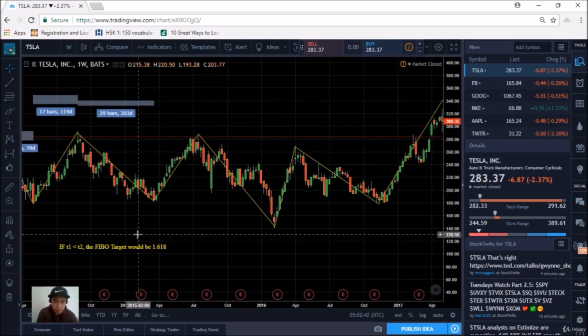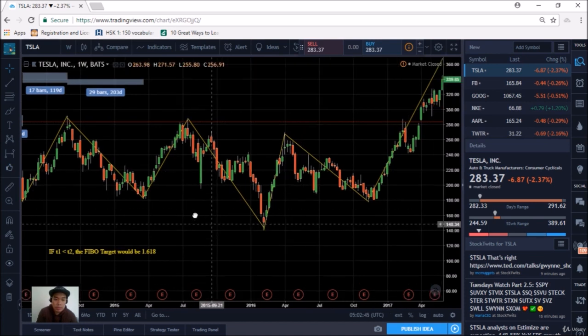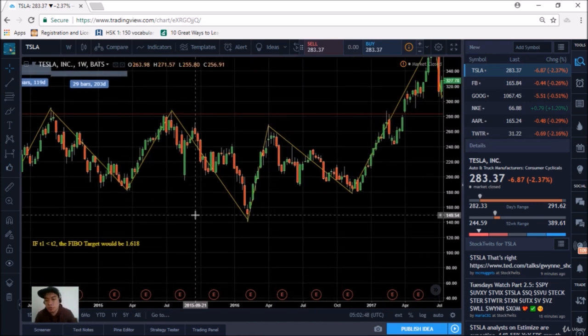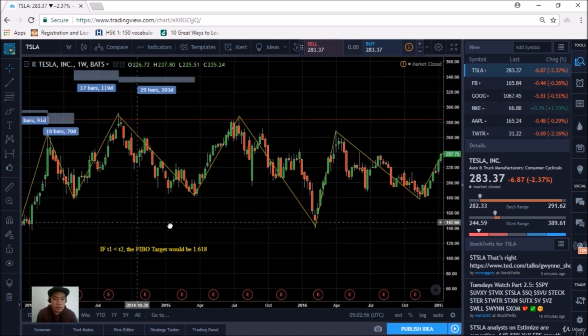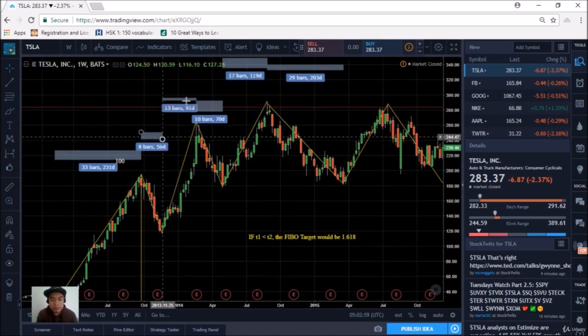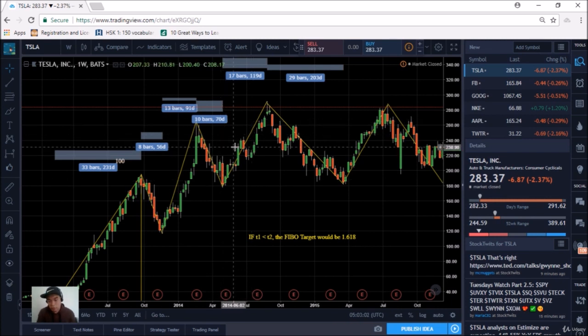Right now, if we want to analyze with power analysis instead of Fibonacci analysis, because with Fibonacci we have to identify the distinct high and distinct low and drag to measure the Fibonacci target or the extension.